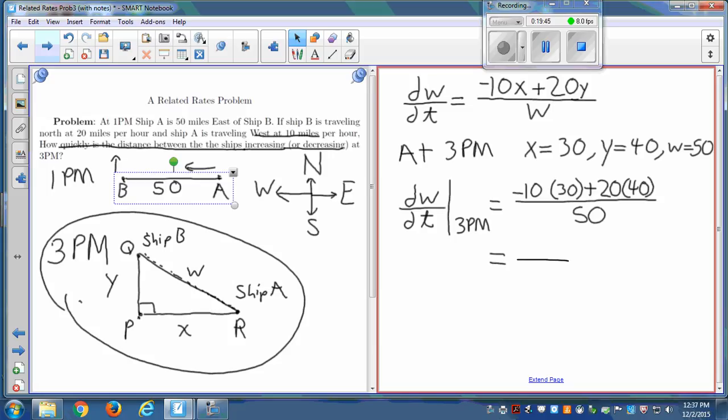So we end up with negative 300 plus 800 on the top, and 50 on the bottom. So we get 500 divided by 50, which is 10. So the change in w with respect to time at 3 p.m. is positive 10.